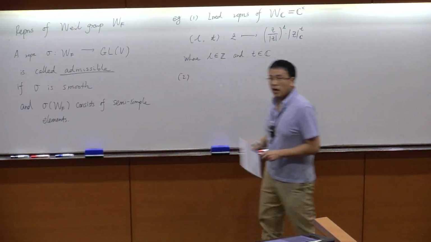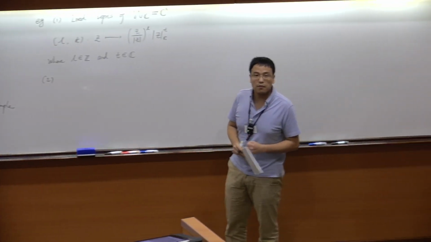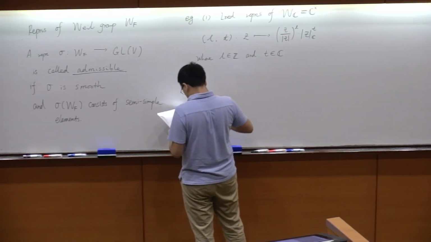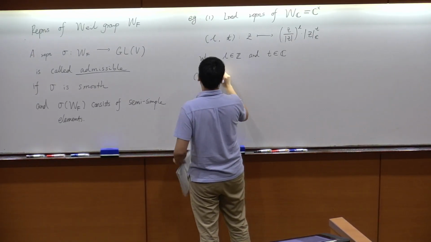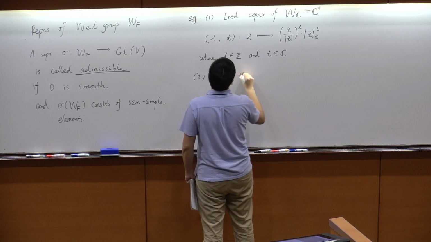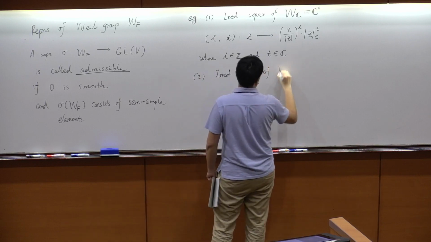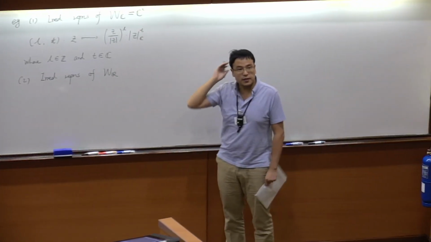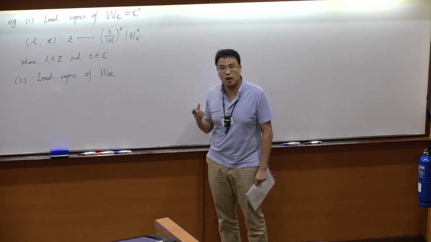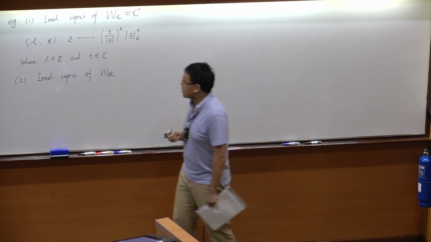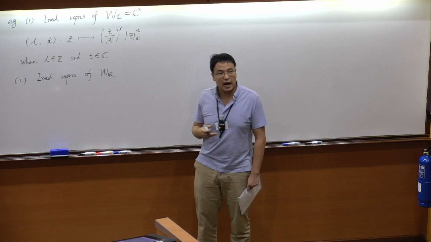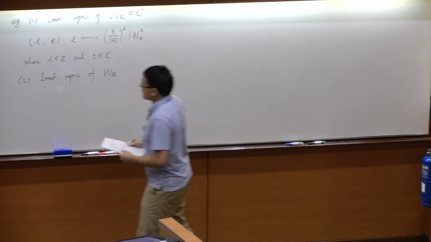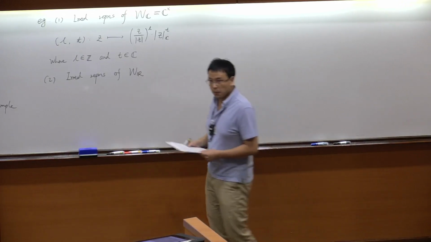Now let's see the Weil group of the reals. In this case, we know that W_R is an order 2 extension of C cross. It has two cosets. One is C cross, and the other one is J times C cross. In this case, we could have a dimension 2 irreducible representation.